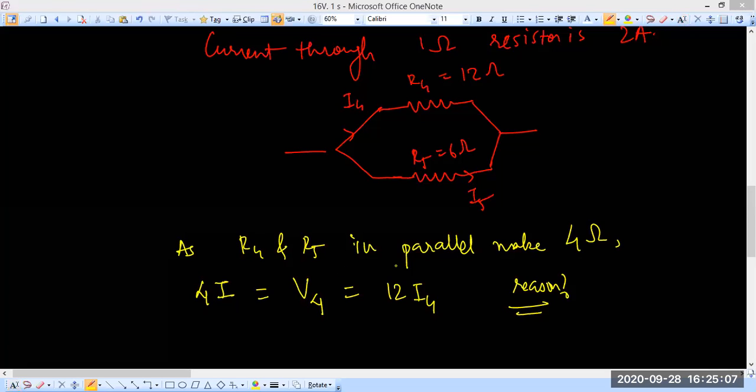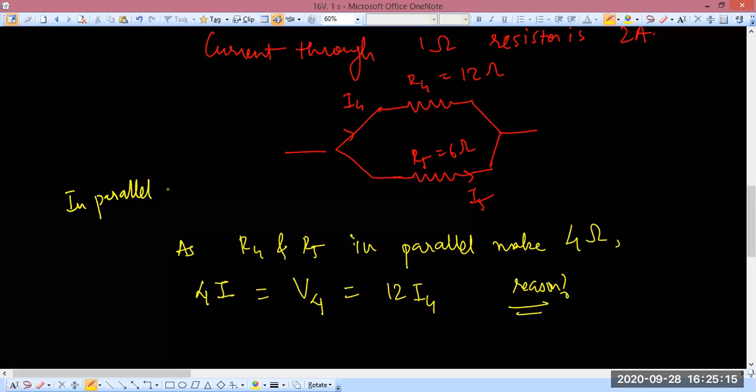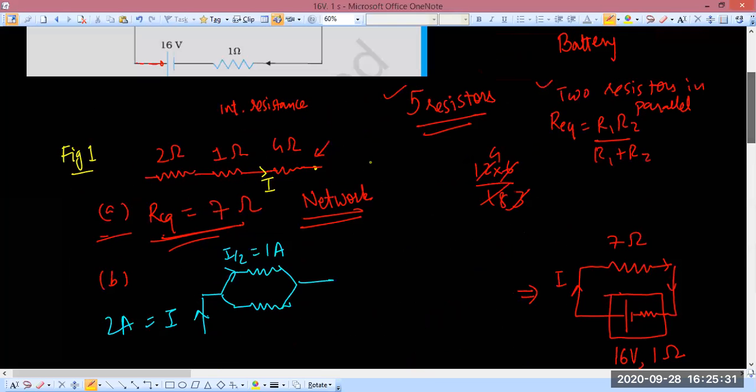Okay, the reason is, listen to this carefully. In parallel, what is same? Voltage should be same, right? We did such things in capacitors also. So the voltage for this resistor, the voltage for this resistor and the voltage for this resistor, all three are same.